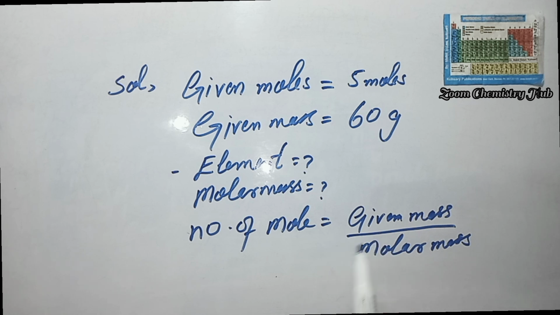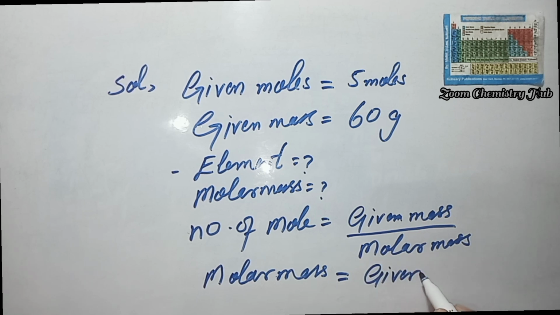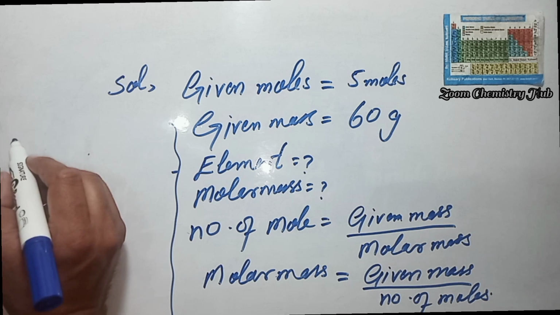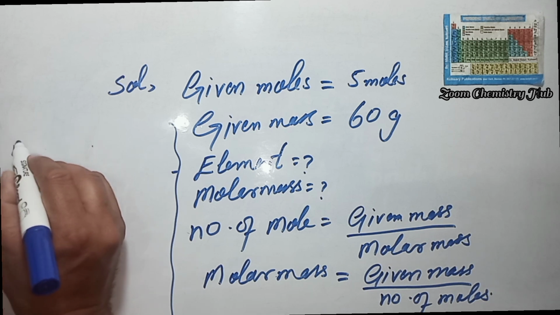We rearrange this equation as molar mass is equal to given mass divided by number of moles. Now we can put the values in this formula.